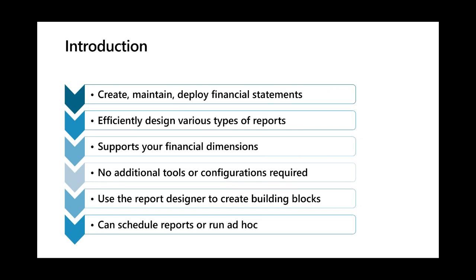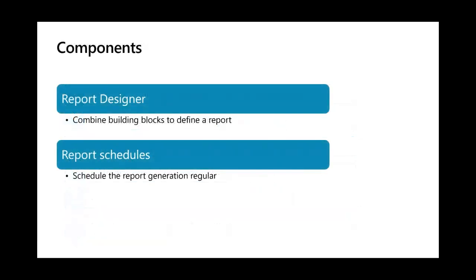All right, with that, I'll double click on the components we have. The financial reporting has two components. The report designer, which helps you to combine building blocks to define a report, and the report schedules, which help you to automate the report generation.